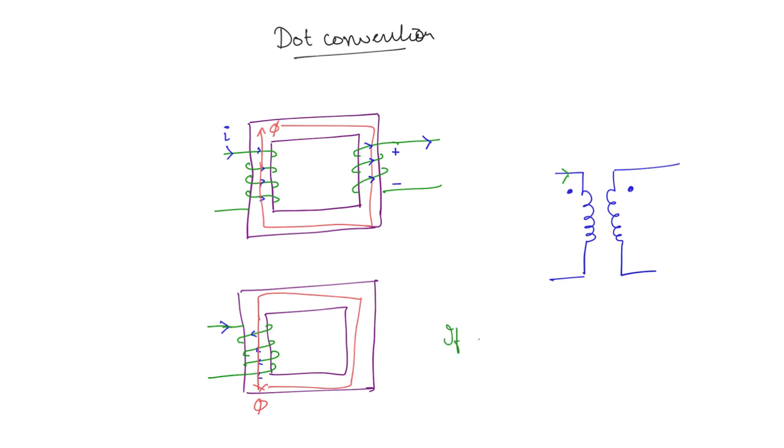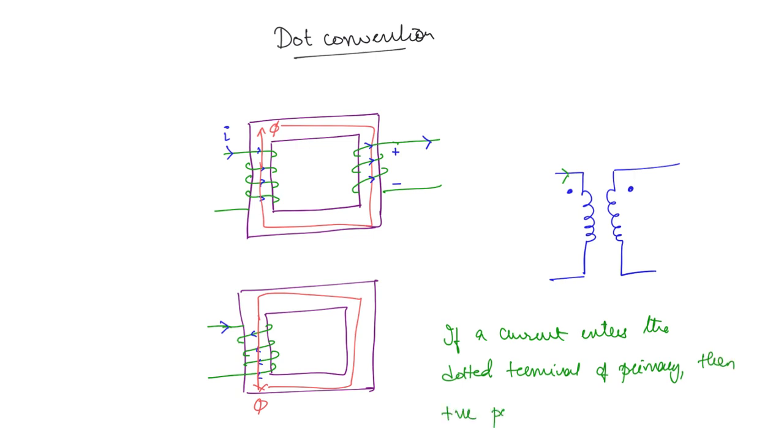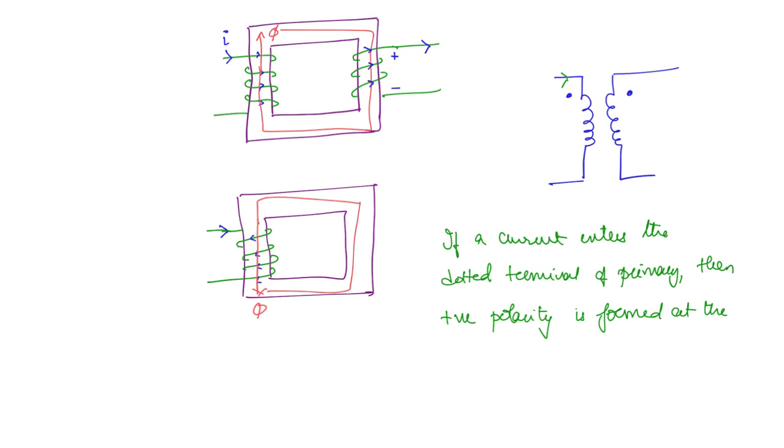So you can write: if a current enters the dotted terminal of the primary, then positive polarity is formed at the dotted terminal of the secondary winding.